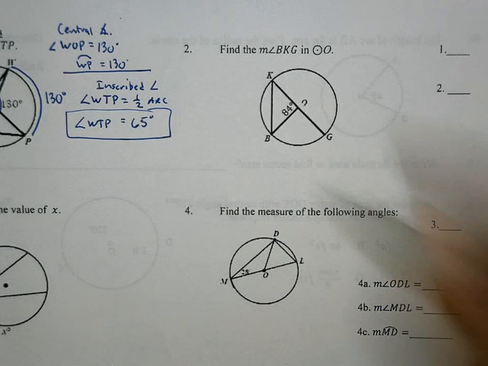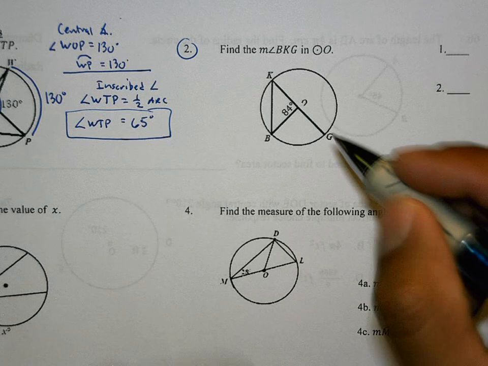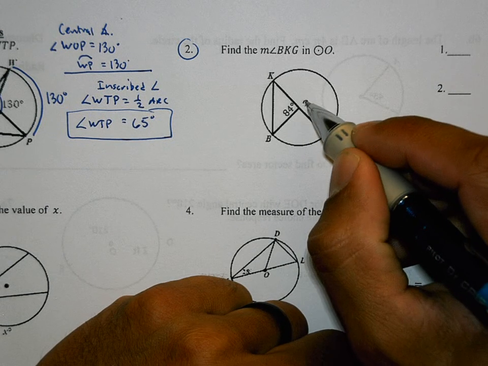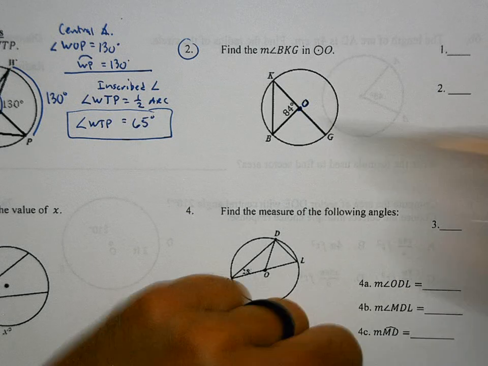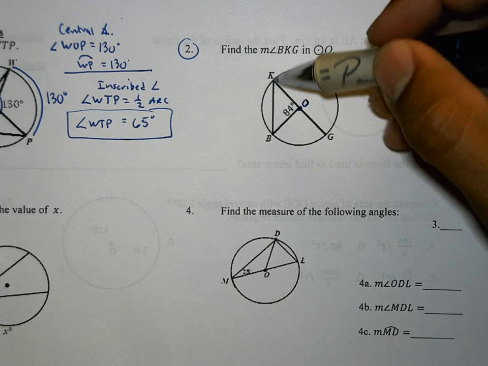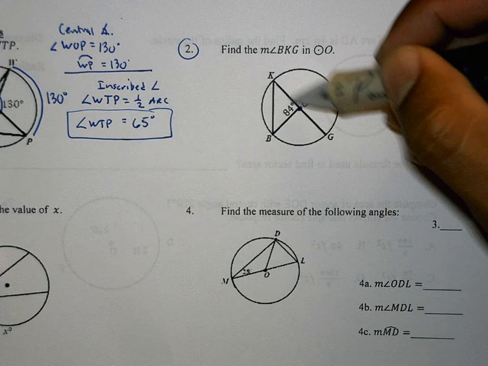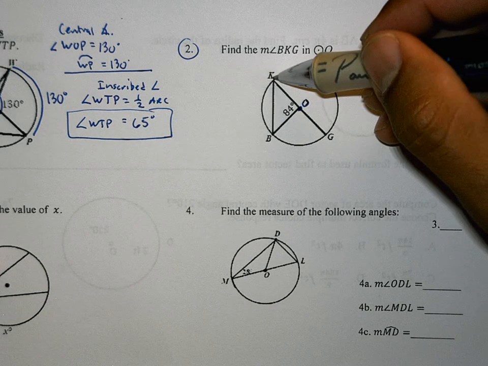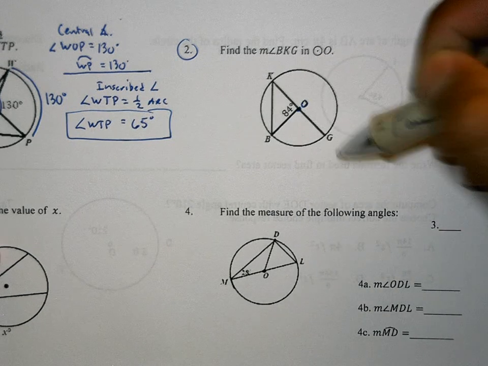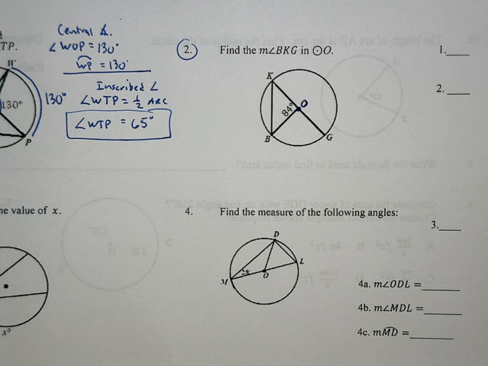Let me look at number 2. It kind of cut this off, but this is circle O. That means this is the center. That also means that this segment, KG, goes through the center. That must be a diameter.